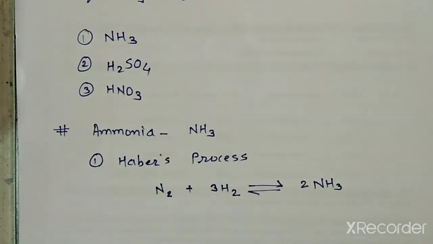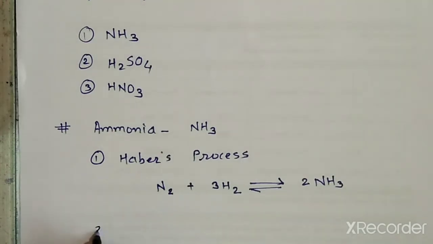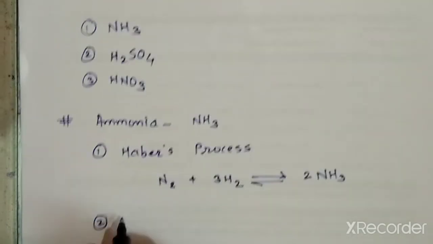This is the first process, Haber's process, and this process was then modified by the Bosch-Haber process, which was the second step. What is the difference between these two?